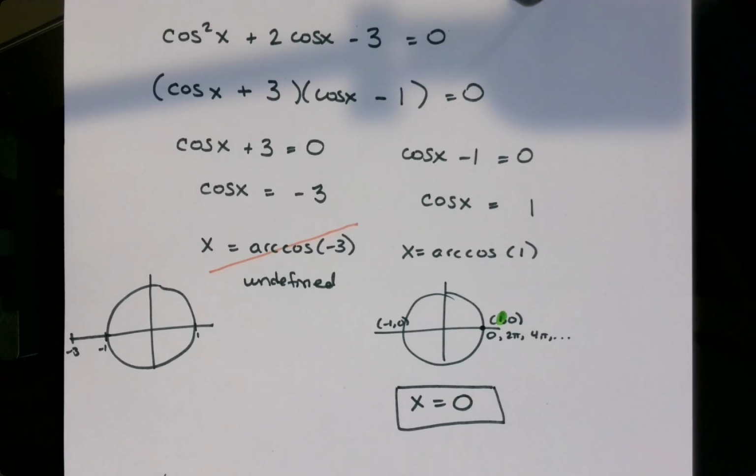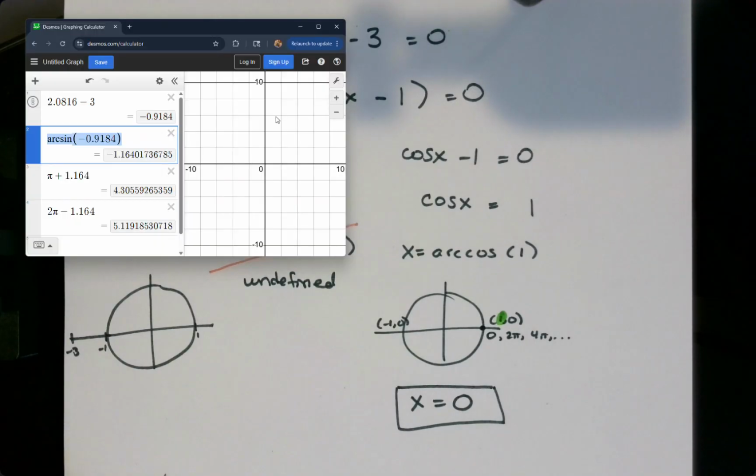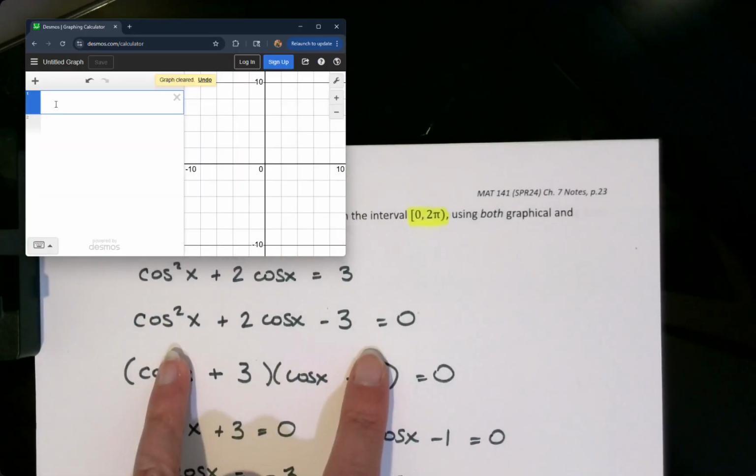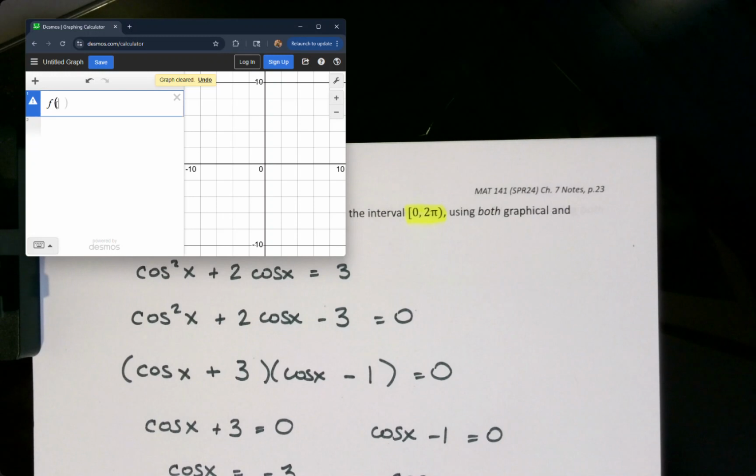I am asked to find both graphical and algebraic solutions. So we're going to graph this function as well. And I'm going to start graphing it when it's equal to 0. I'm going to write this side as a function. So f of x equals cosine squared of x plus 2 cosine of x minus 3.